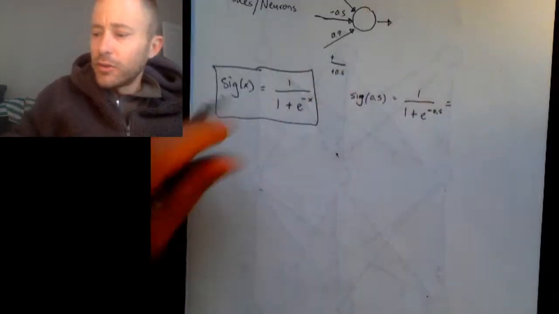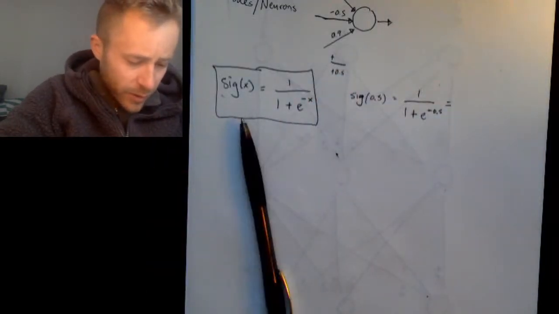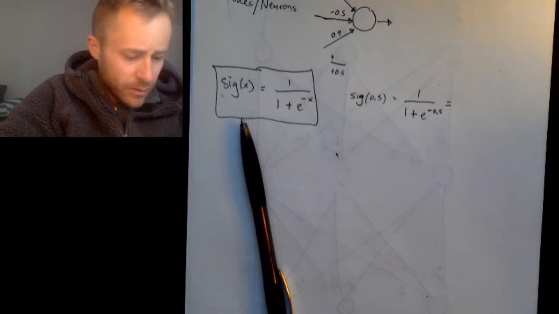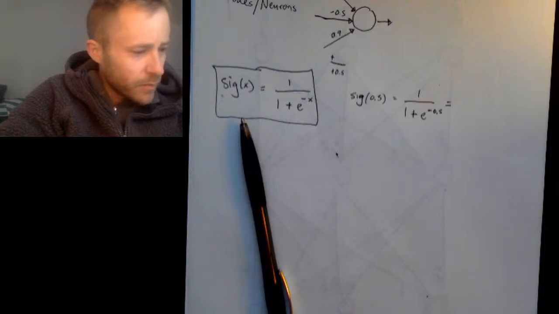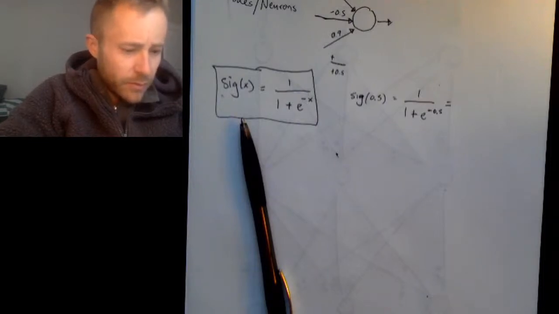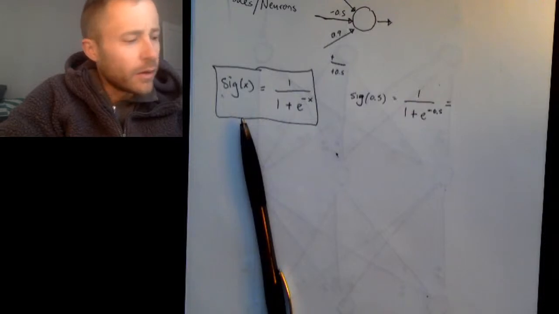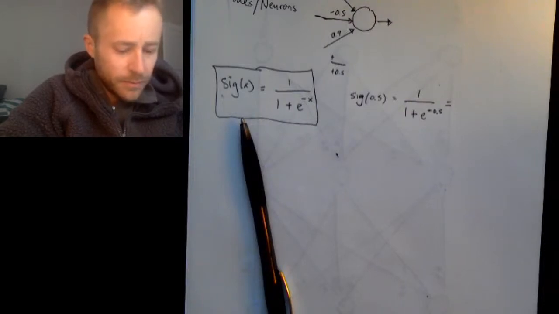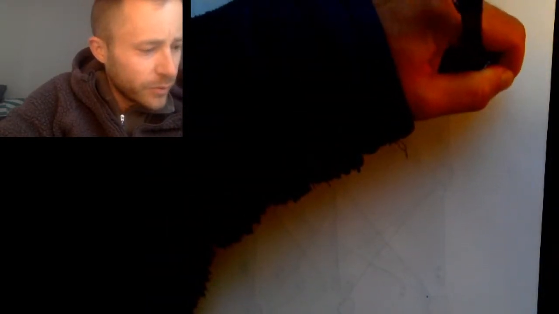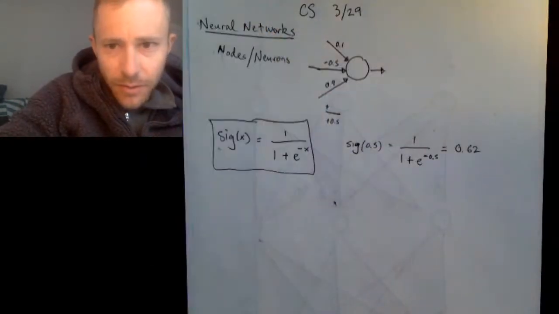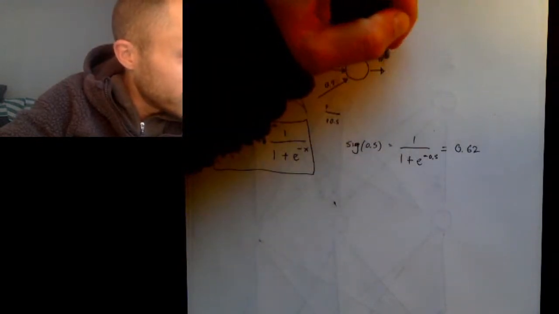If I do that, I have to do e to the negative 0.5, plus 1, and I get 0.62. So that means that the output of this neuron is going to be 0.62.